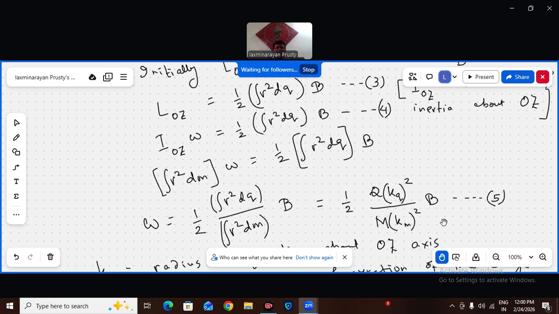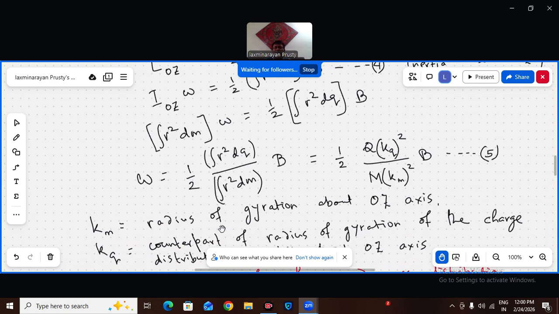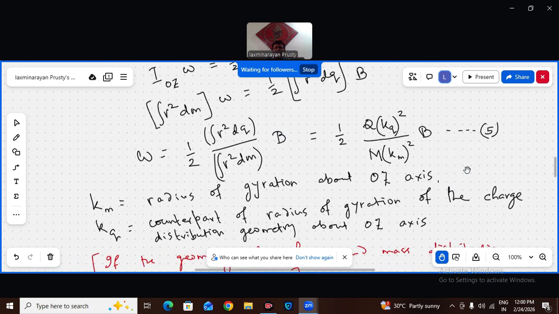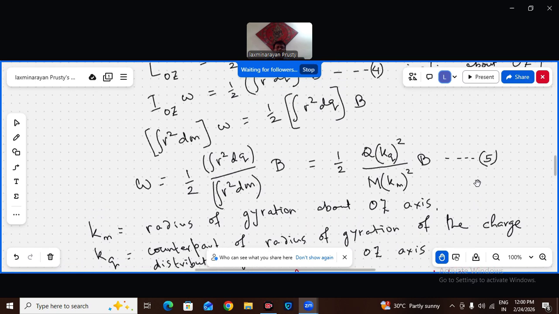Kq is the counterpart of Km. Km is the radius of gyration about the OZ axis, but kq is the counterpart, the radius of gyration of the charge distribution geometry about the OZ axis. If charge is distributed in a particular geometry, then r square dq integration will be total charge into kq square. Kq is the radius of gyration counterpart.